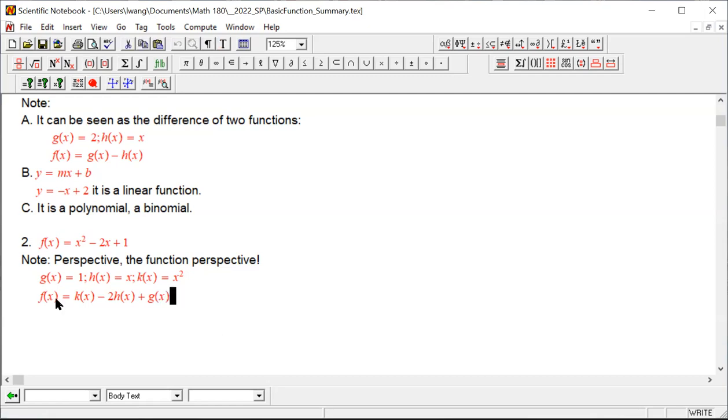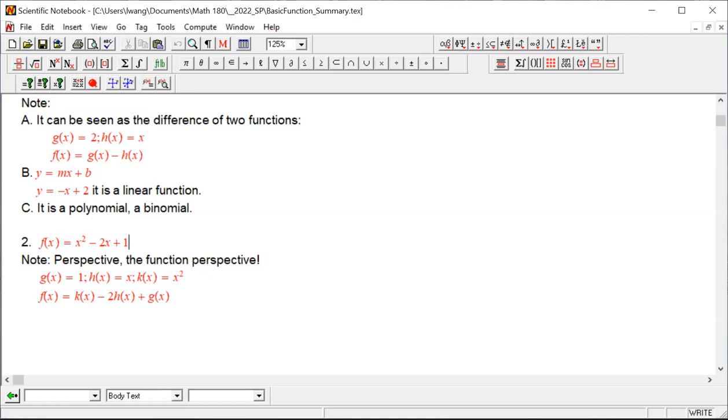So this one function we see here can be some kind of combination of 3 other simpler functions. We call these basic functions. So all these functions can be broken down and classified into the most simple forms. At the simplest form, we study them and then we build them up. That's the other perspective.